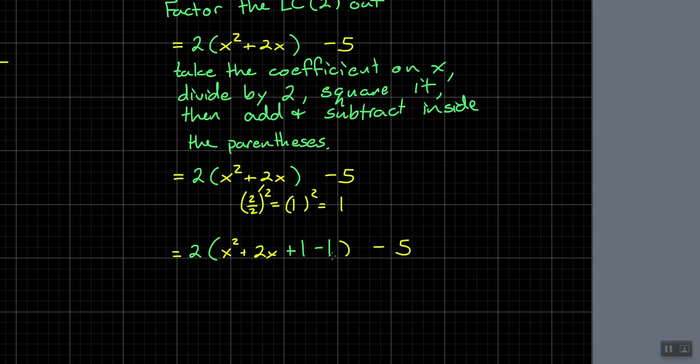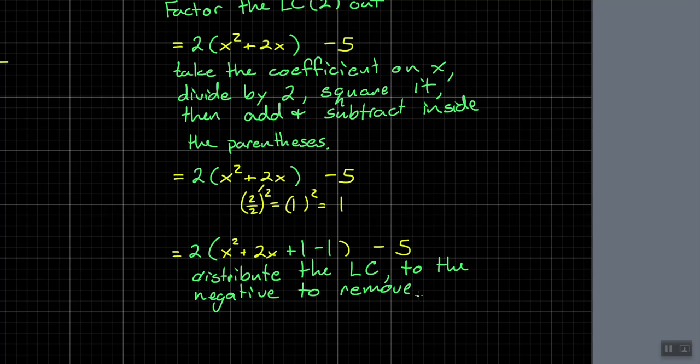Now, we want to remove the negative term. So to do so, we'll distribute the leading coefficient, which is that a that we took initially, to the negative. To remove.